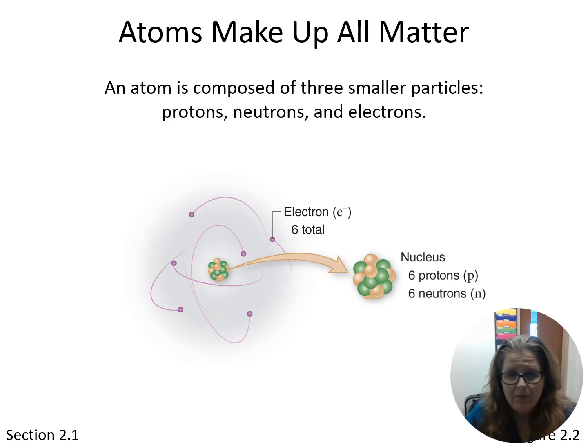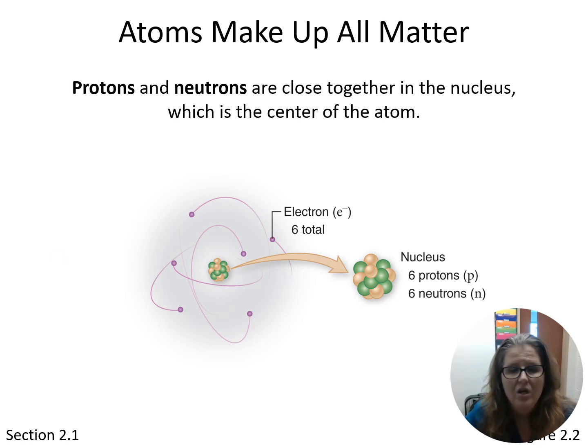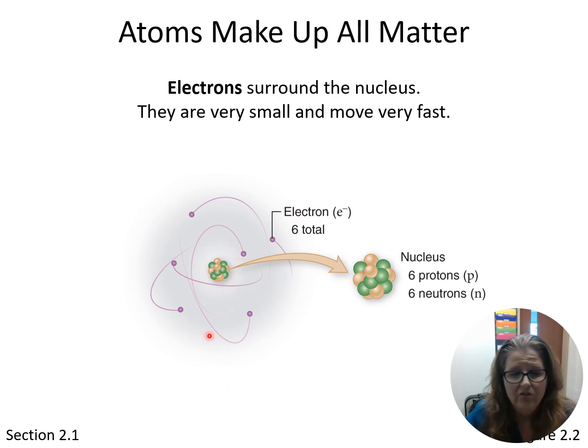The 3 smaller particles I already mentioned, protons, neutrons, electrons, are also sometimes called subatomic particles, sub meaning below, so lower than the atom level. Our protons and neutrons are going to be in the nucleus, at the very center here, and the electrons are going to be orbiting around very fast, and they're very, very small.